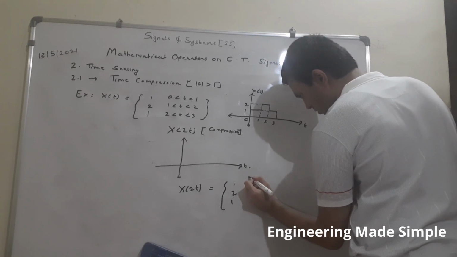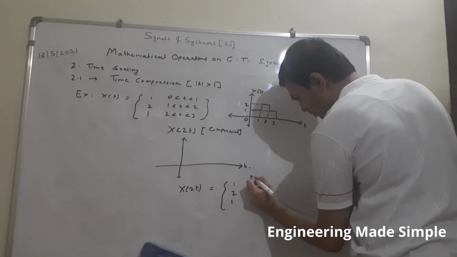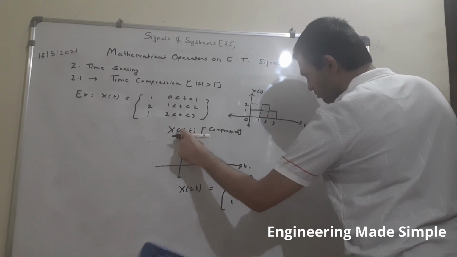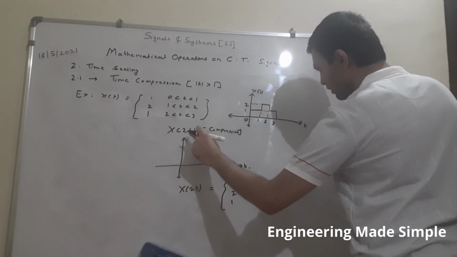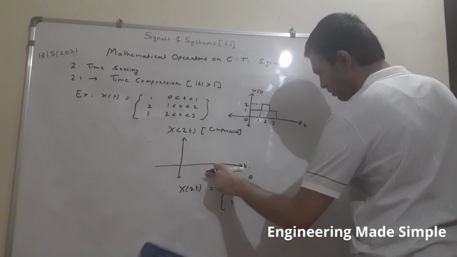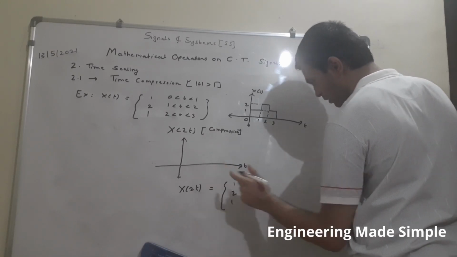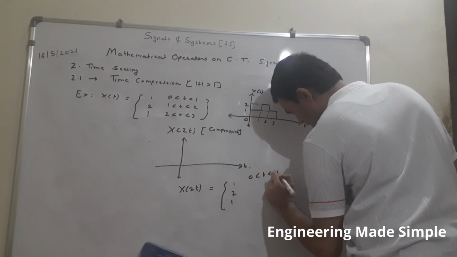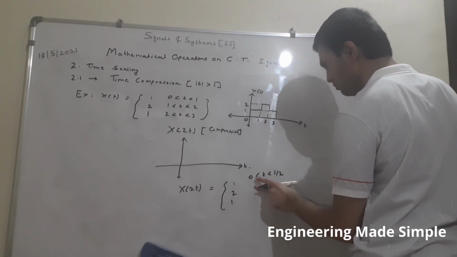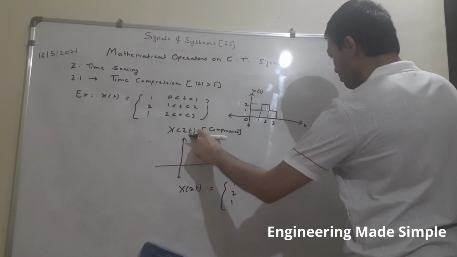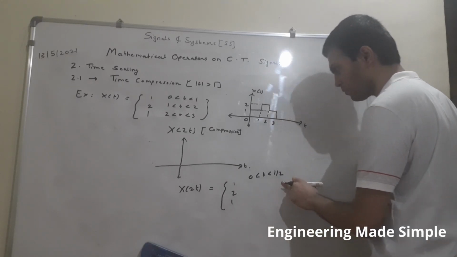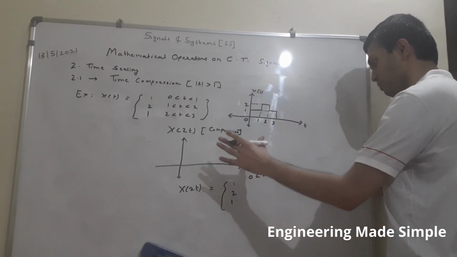So when you draw the plot, it would be divided. Whenever any constant is multiplied to the independent variable, in the resultant waveform plot you need to divide that time interval. So it is 0 less than t less than 1 by 2. Why 1 by 2? This time interval changes because here it is multiplied by 2, so in the time instant we are supposed to divide it by 2. That is how it is supposed to be done. That is why we can say that the waveform is compressed.